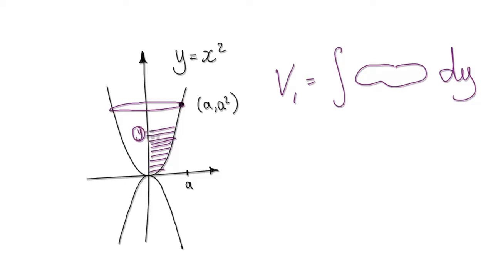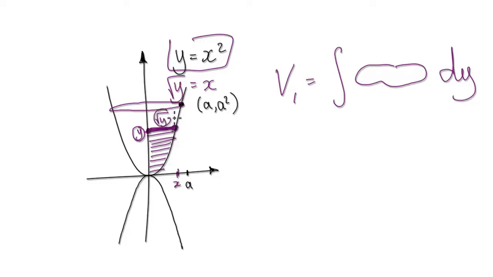How do you work out this length? Put y into here and make x the subject, because you want to know the value of x for a given y. Square root both sides, so square root of y equals x. So this length is square root of y.